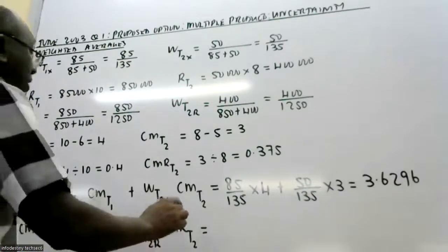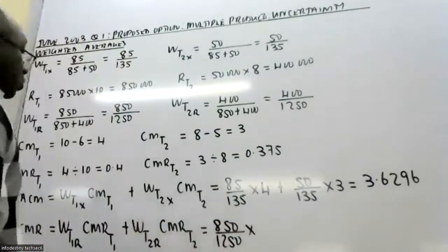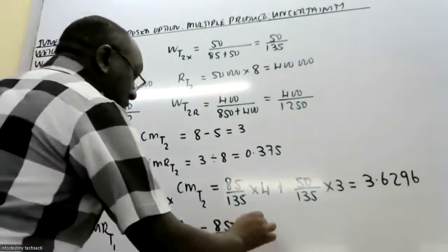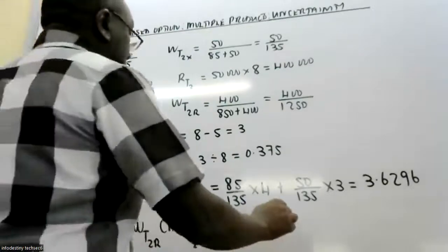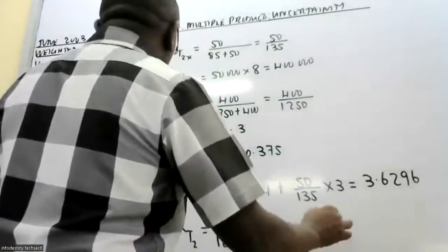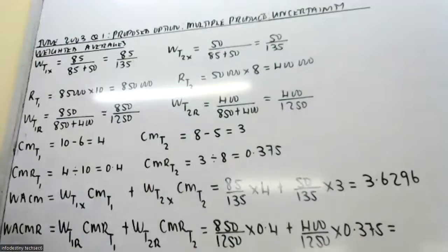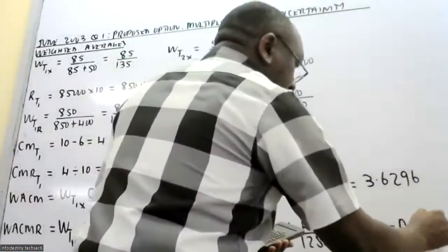Now, this one we know it is 850 out of 1250 multiplied by 0.4, plus 400 out of 1250 multiplied by 0.375. If you take your calculator, it will help you: 850 times 0.4 divided by 1250, plus, in brackets, 400 times 0.375 divided by 1250. I'm getting 0.392.